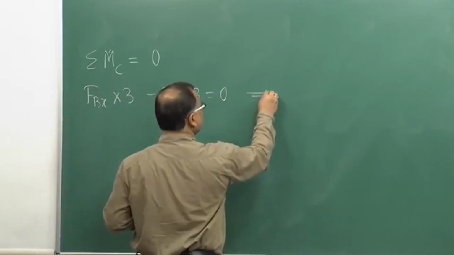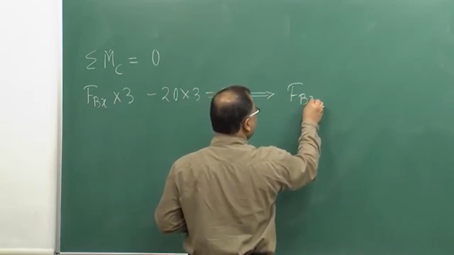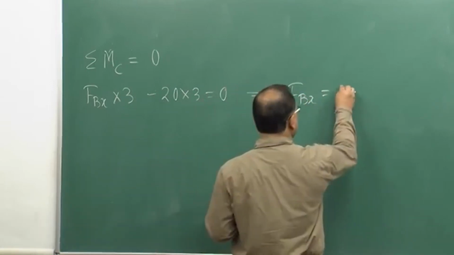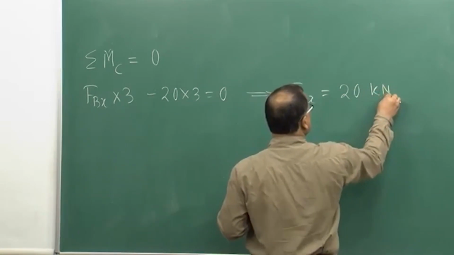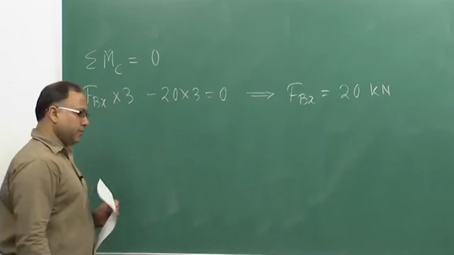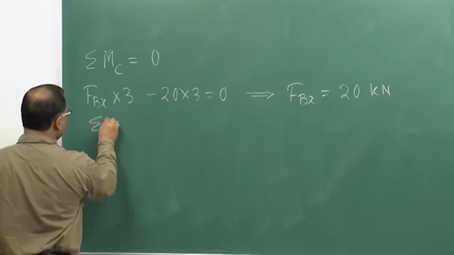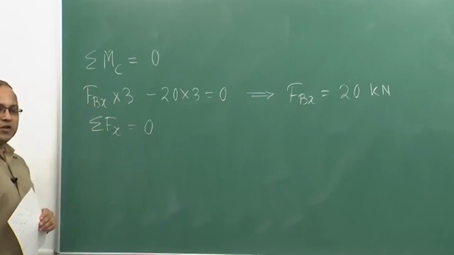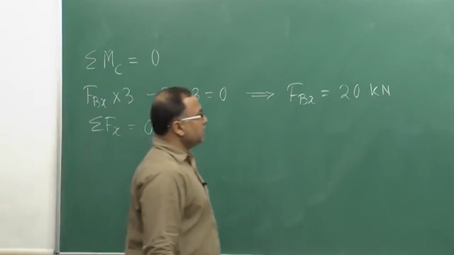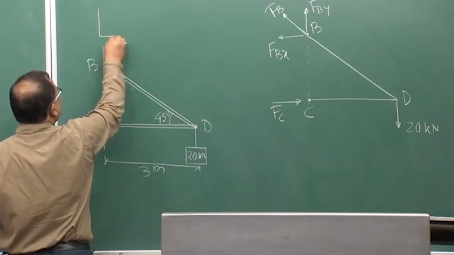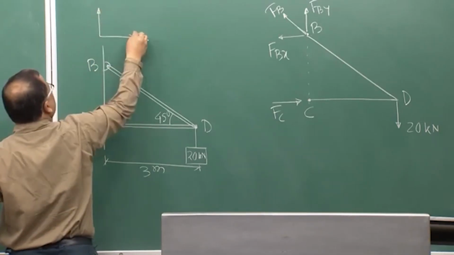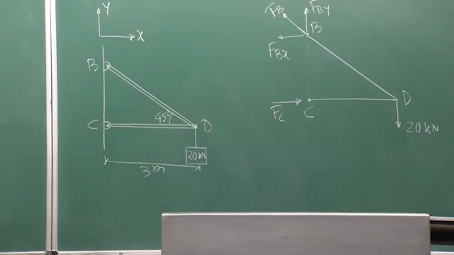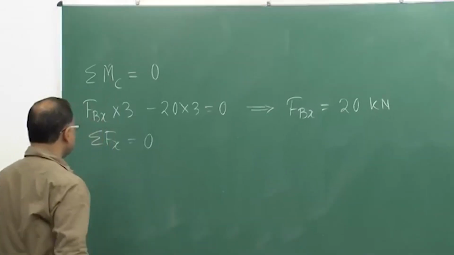So, from that we can get Fbx equal to 20 kilonewton, fine. Similarly, we can exploit the condition, summation of Fx equal to 0, where you can think of this as my xy direction.